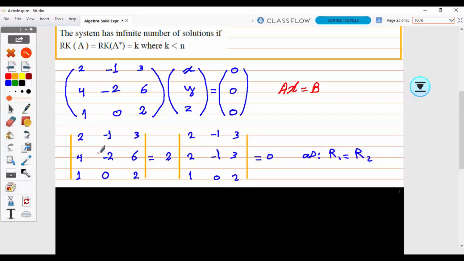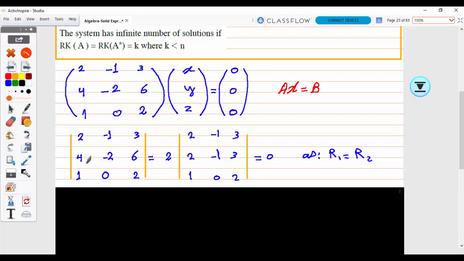So, to determine the rank of the matrix A, we will get the determinant of the matrix A. What is the determinant of A? The determinant of matrix A is 2, negative 1, 3. I'll take all the elements and put them in a determinant. So we have 2, negative 1, 3, 4, negative 2, 6, 1, 0, and 2. I want to get the value of this determinant.